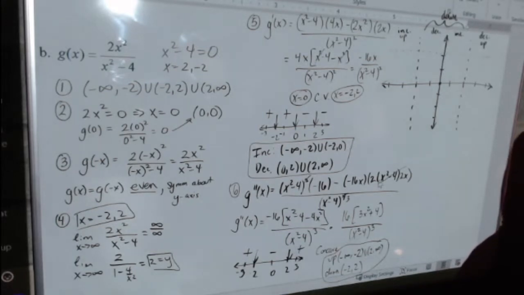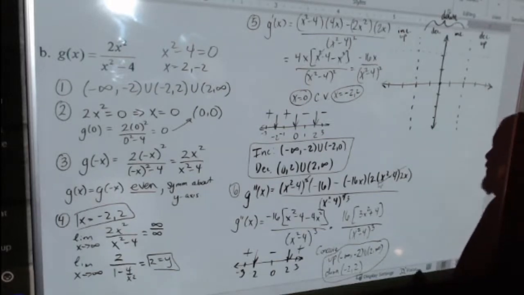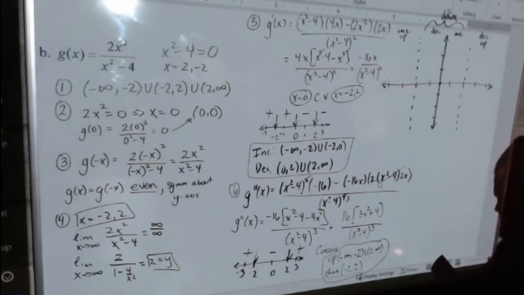All right, so let's plot a basic function. So I'm going to plot something like x squared over x squared minus 1, for instance, just to get an idea of the shape.